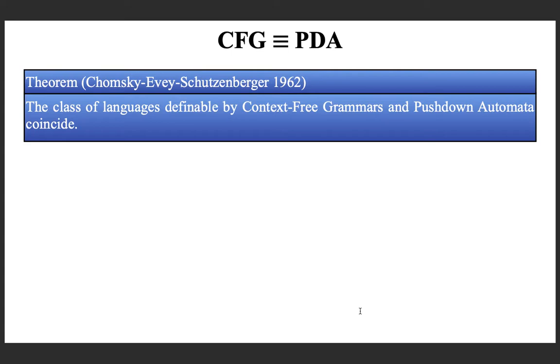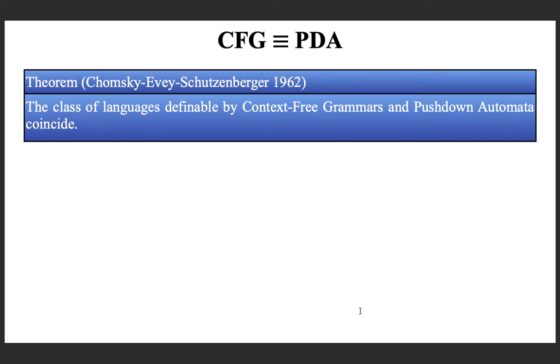The theorem tells us the class of languages definable by context-free grammars and push-down automata coincide, which means for every context-free grammar there exists an equivalent push-down automaton, and for every push-down automaton there exists a context-free grammar. In this lecture, when I say push-down automata, I mean non-deterministic push-down automata.